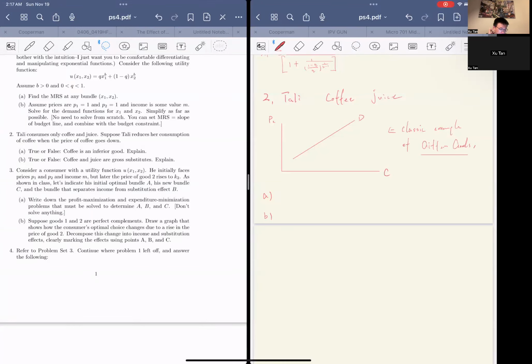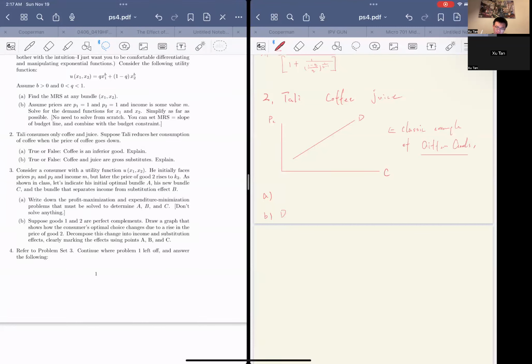Part B, coffee and juice are gross substitutes. Are they? What's the definition of gross substitutes? The definition of gross substitute is that when the price of coffee increases, you will consume more juice.